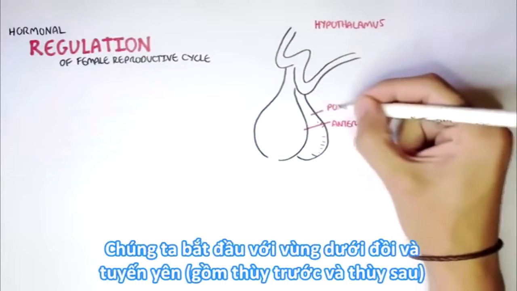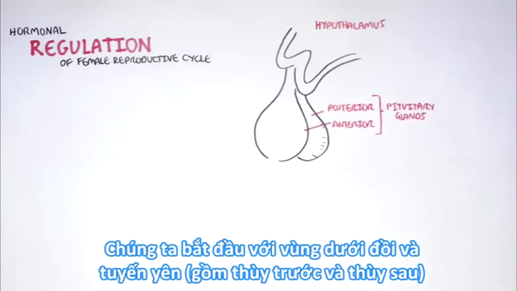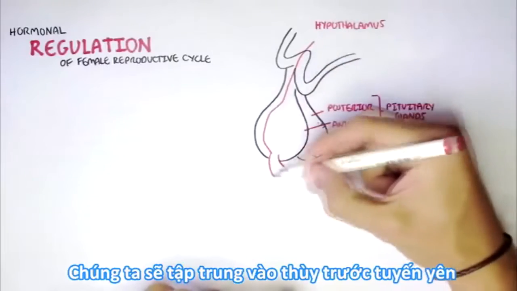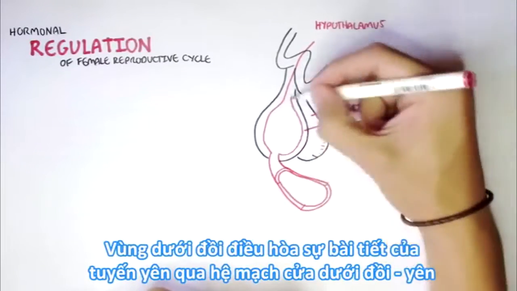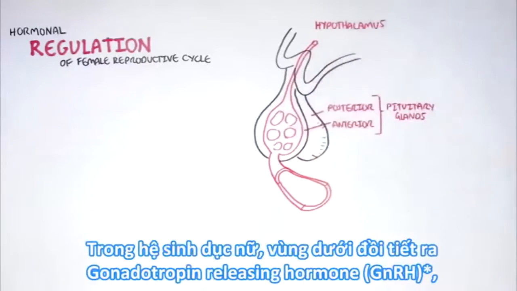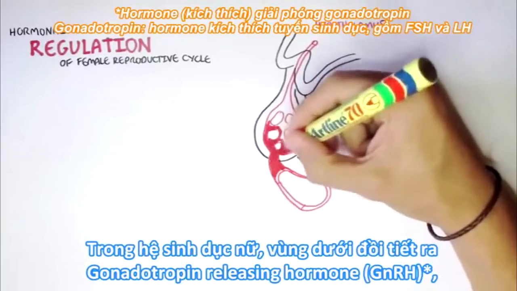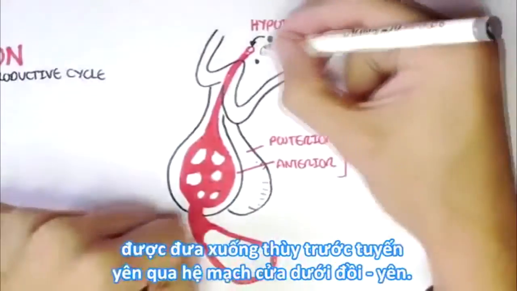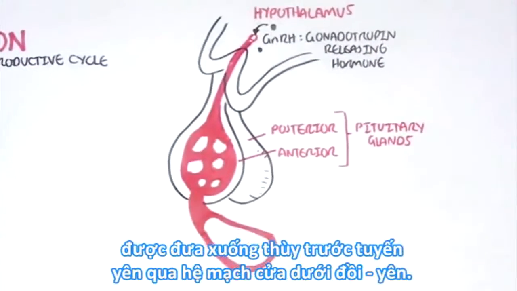So we begin with the hypothalamus and the pituitary glands, which are made up of the anterior and posterior pituitary glands. We'll be focusing on the anterior pituitary gland. The hypothalamus regulates hormones released by the anterior pituitary through the portal blood here. In the female reproductive system, the hypothalamus produces a hormone called gonadotropin-releasing hormone, which will travel here to the anterior pituitary via the portal blood.